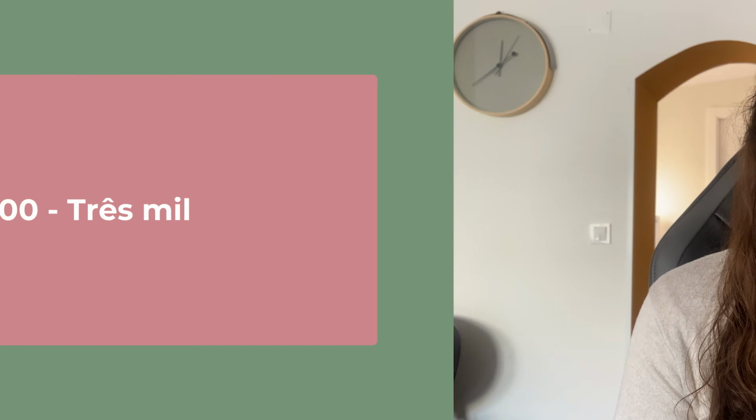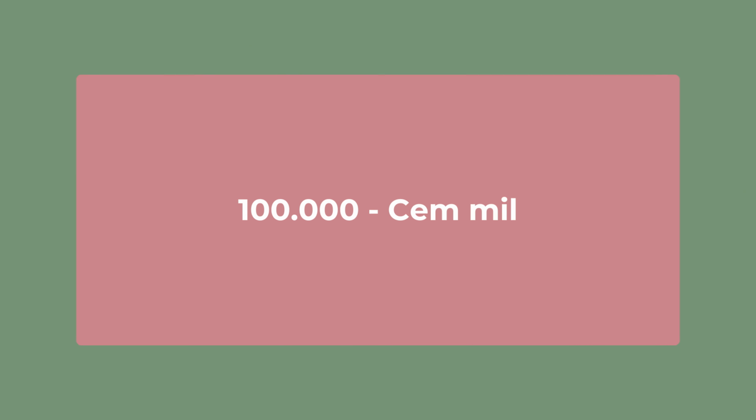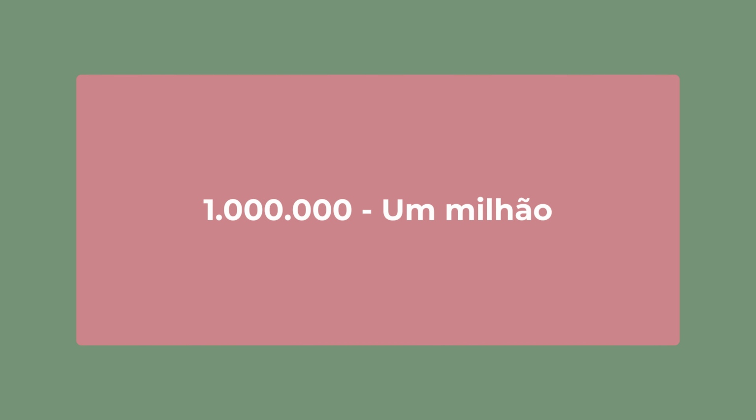So we have mil for 1000, 2000, 3000, and so on, until you reach 100,000, which is cem mil, and then 1 million, which is um milhão. Okay, I got excited. You probably won't need the big numbers unless you're buying a house around. Who knows? Now, the recap of the rest.